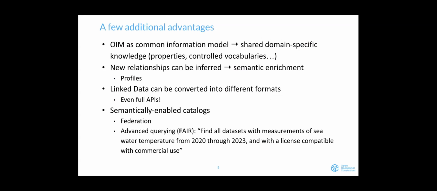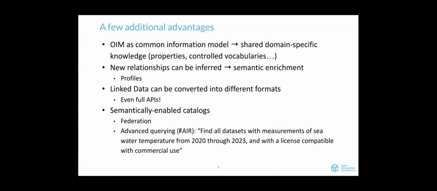And we also get a few additional advantages. For example, since we're using the OIM as a common information model, we have a vast amount of properties and control vocabularies that we can use for these domain-specific data. We can infer new relationships from those relationships that are already present in the ocean information model, and with which the ocean information model can also be enriched.